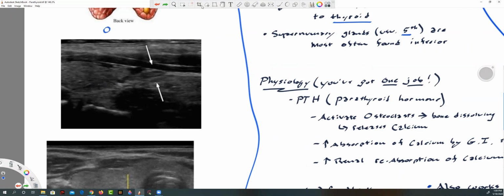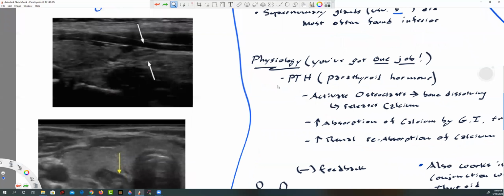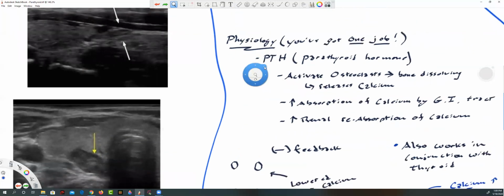So don't worry about not seeing them. We always try to see them. Always pay attention, because if they're enlarged and they're right back here, then you want to know, is that part of the thyroid gland, or is that an adenoma on the parathyroid?